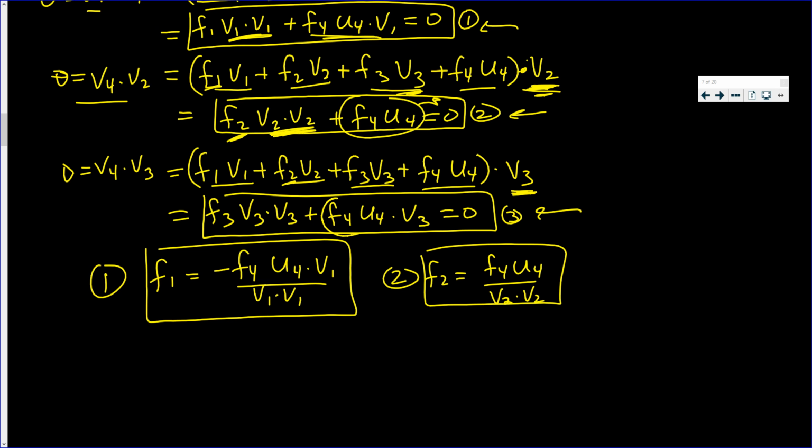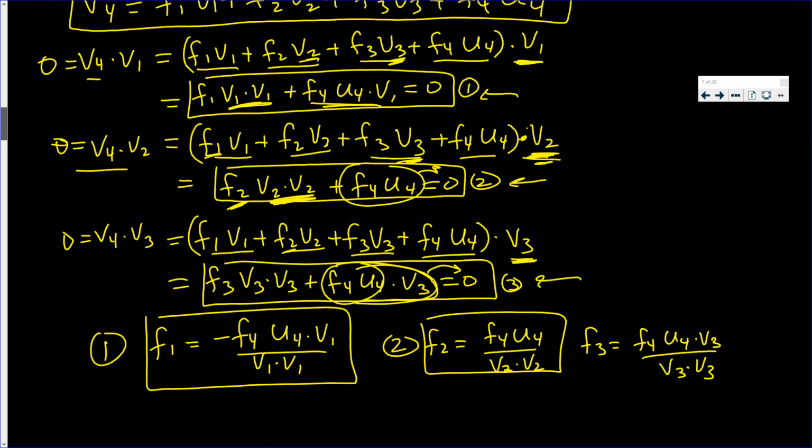F3, bring this to the other side. Bring all of this to the other side, and you'll get that F sub 3 is F4 times U4 dot V3 all over V3 dot V3.